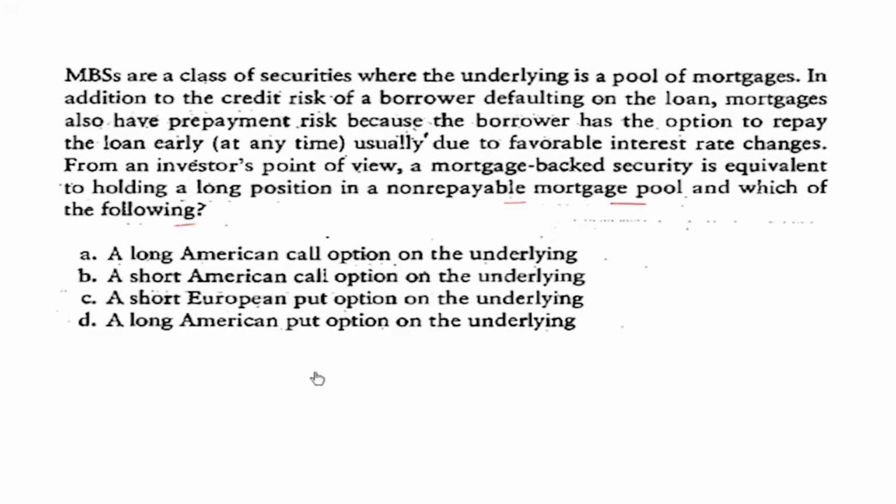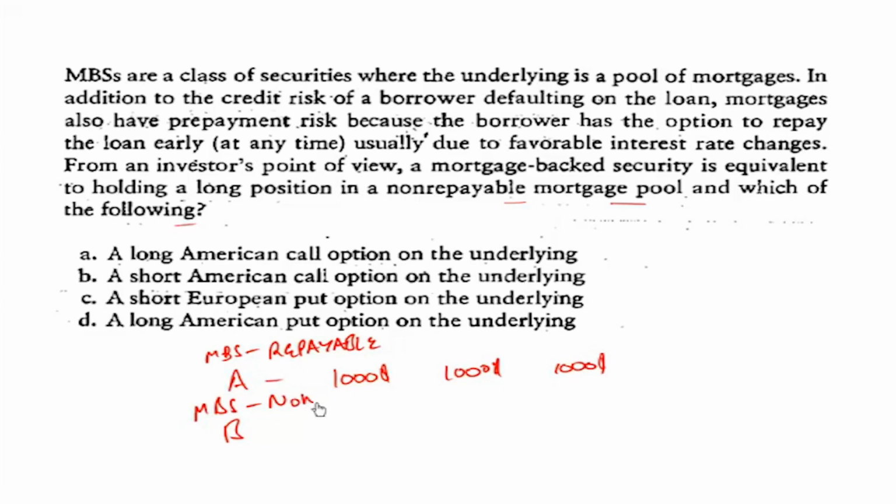So if I own two bonds, bond A is a mortgage-backed security which is repayable, that is, prepayments can happen. And on this security, $1,000 is expected every month. Security B is also a mortgage-backed security but non-repayable.